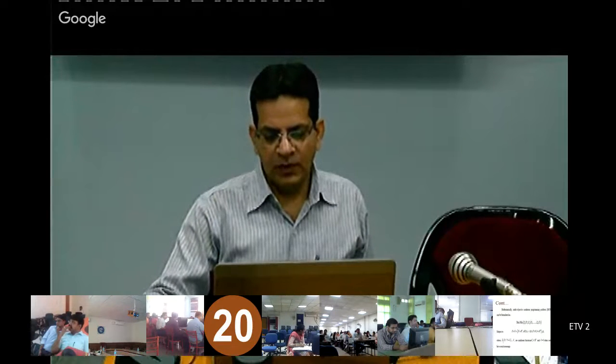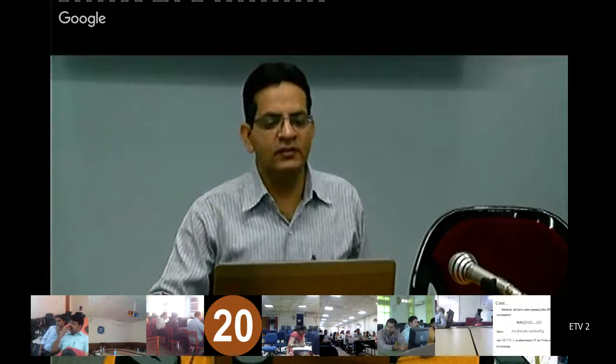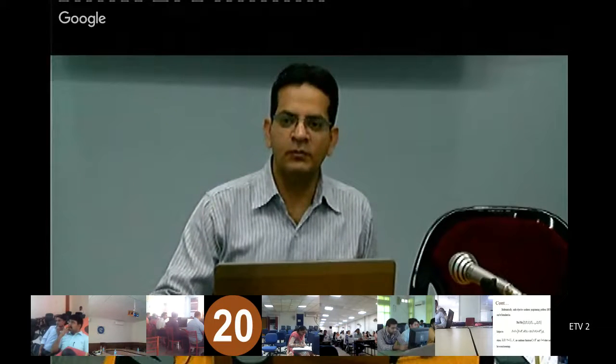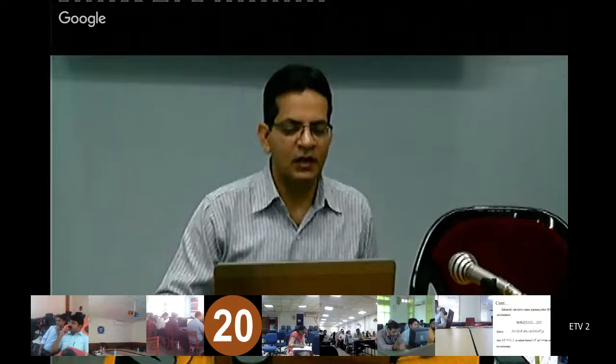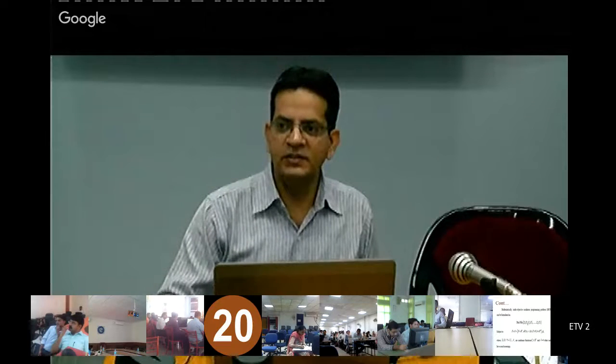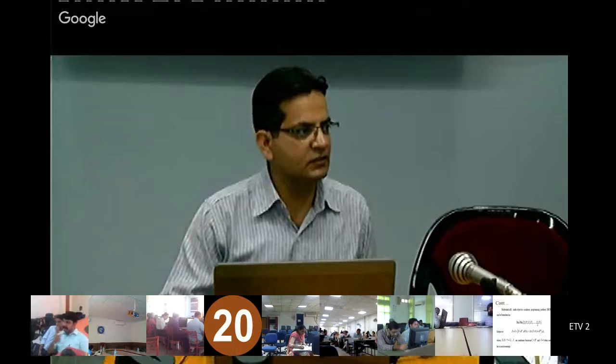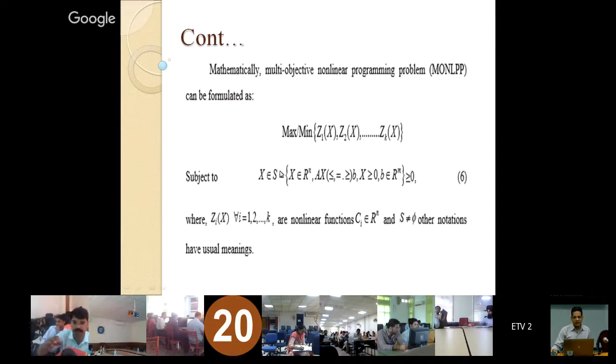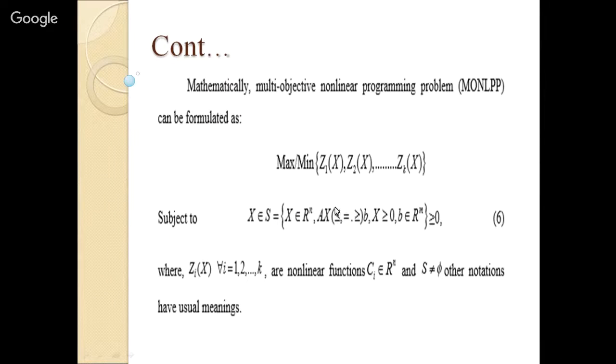Here more than one objective function is there, k number of objective functions are there, and this is the set of constraints, the feasible set, x belongs to S, Ax less than or equal to, or greater than or equal to, b, where at least one of the zi, for i from 1 to k, is non-linear, then we say it is a multi-objective non-linear programming problem.